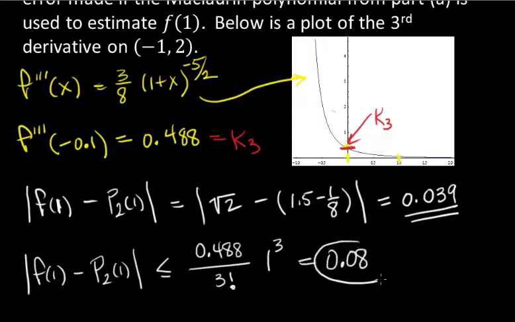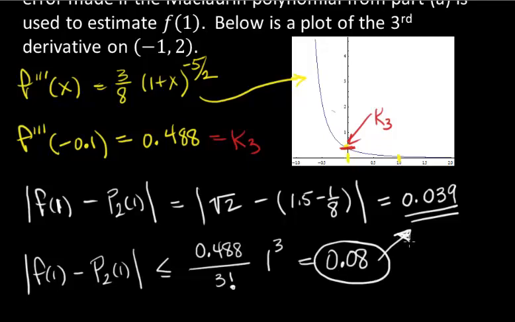So using f triple prime of minus 0.1 as my upper bound, using 0.488 as K3, in other words, I got an upper bound on the error. And you see, indeed, it is bigger than the actual error.